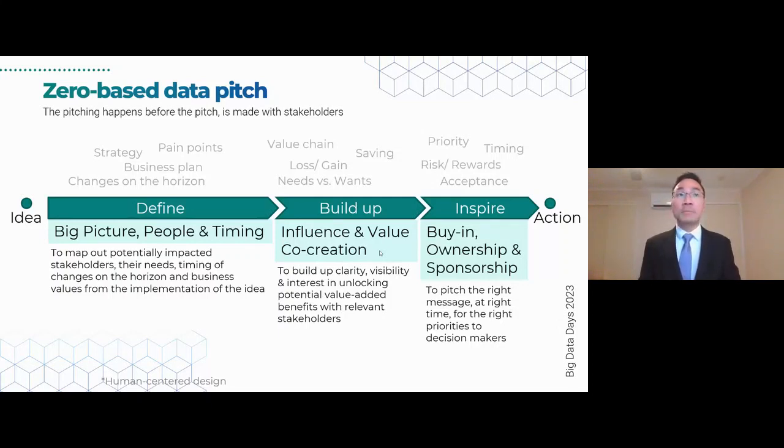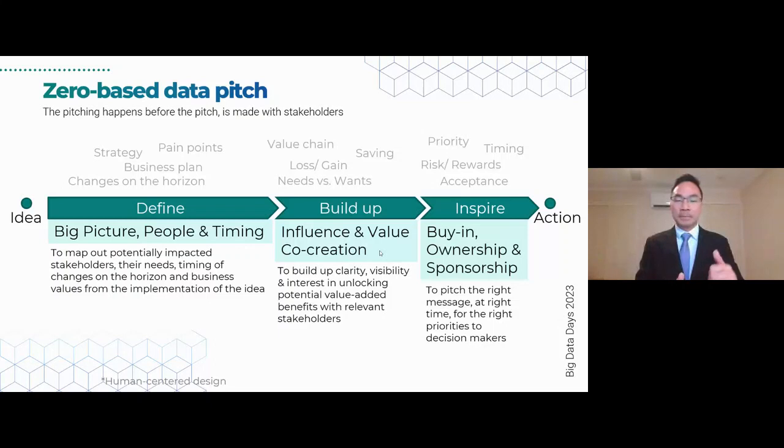Recently, a growing number of organizations have adopted what they call zero-based budgeting. Rather than an organization's year-on-year budget basically reusing what was done in the past and just adjusting the funding for certain projects and programs, zero-based budgeting starts with a blank piece of paper, and you write down what is necessary for tomorrow.